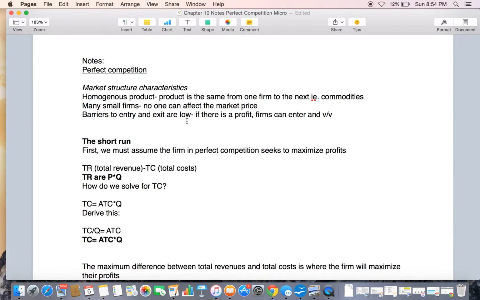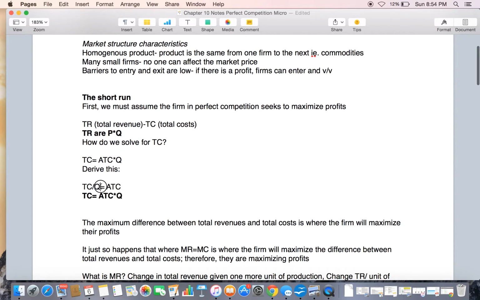However, how do we solve for total costs given average total costs? Well, one thing we know from our last chapter is that when we take total costs and divide them by the quantity produced, we're given our average total cost per unit. So this is our fixed and variable costs. What are the total costs on average to produce whatever we're producing?